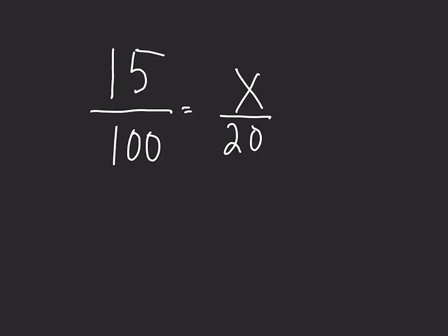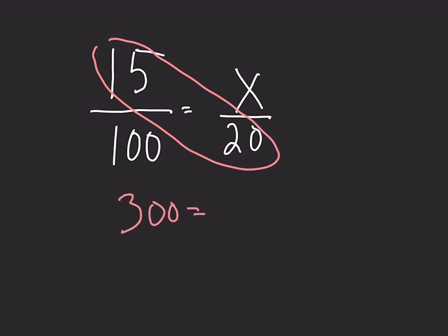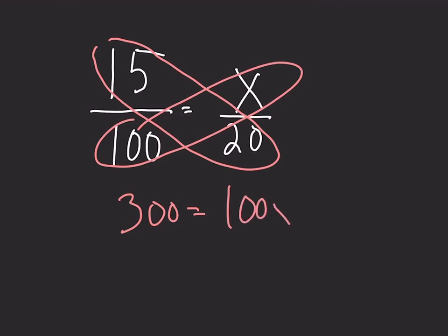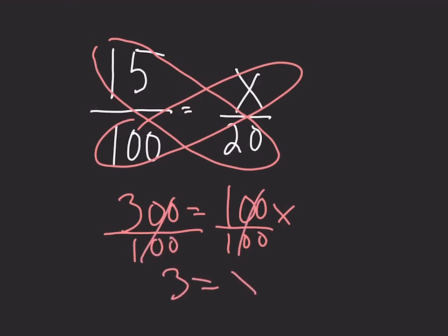Now that that's set up, cross multiplying, 15 times the 20 is 300. 300 is equal to 100 times x. Then we're going to divide both sides by that 100 and get over here 300 divided by 100 is 3, equals x.